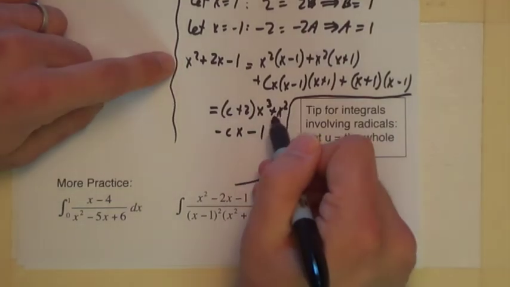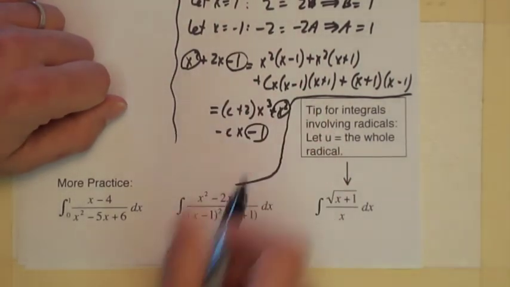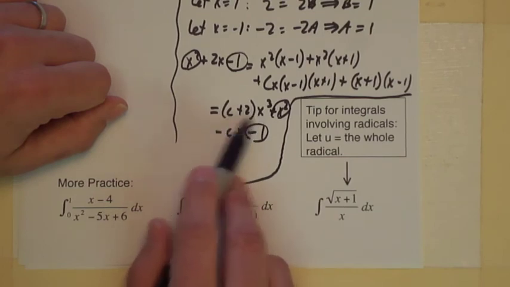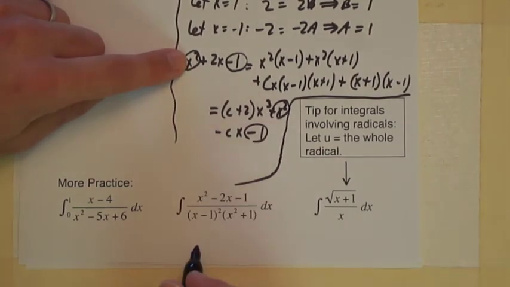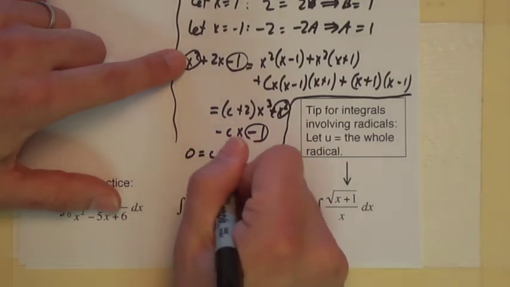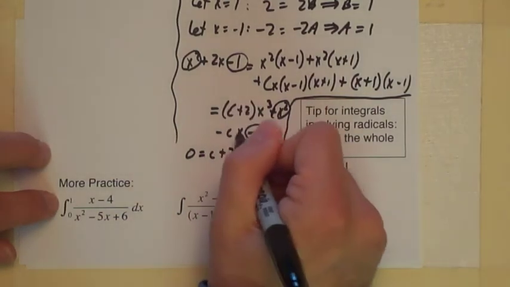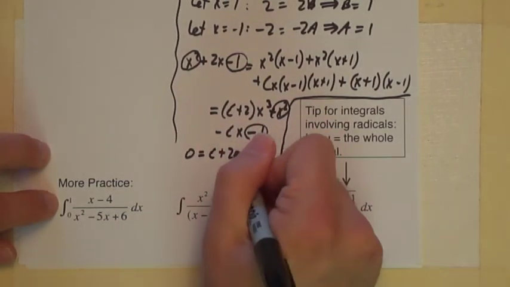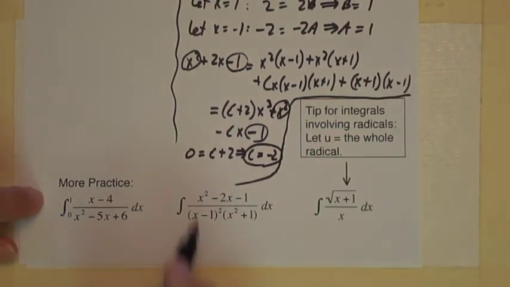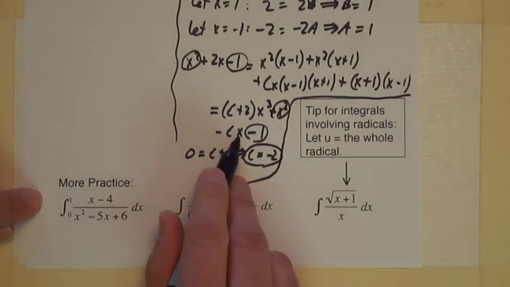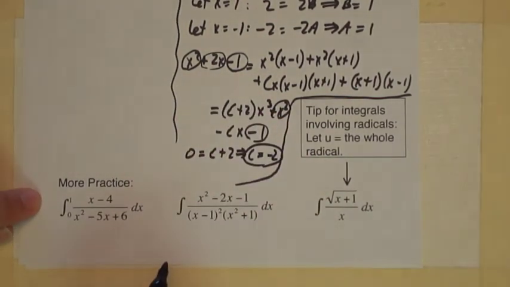So the x squareds check out, and the minus 1s check out, but there is no x cubed. Here there are 0 x cubes, and here there are C plus 2 x cubes, yielding the equation 0 equals C plus 2. And that tells us immediately what our C is. Our C is negative 2. You could also have seen that, by the way, from the negative Cx has to match up with positive 2x.